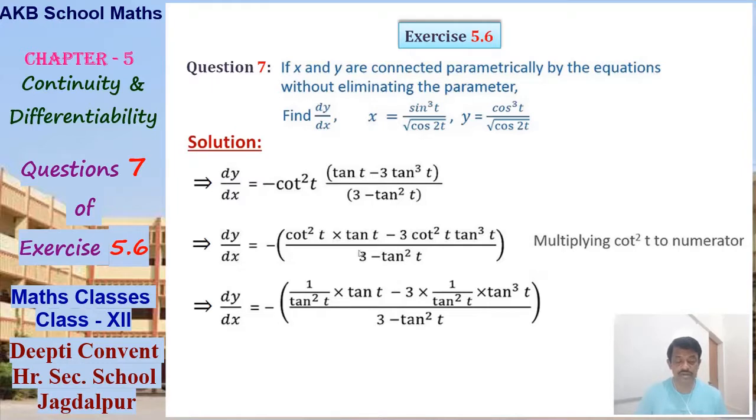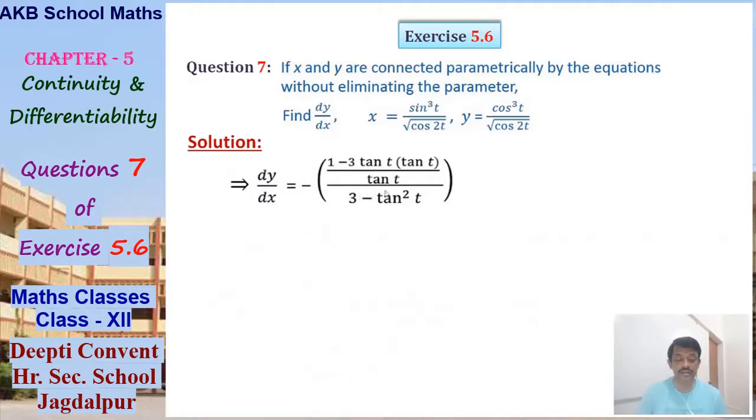So here tan t cancels, and we get 1 by tan t, taking LCM, over 3 minus tan square t. Now taking LCM in the numerator, we get 1 upon tan t times 1 minus 3 tan square t. So finally 1 minus 3 tan square t upon tan t into 3 minus tan square t.